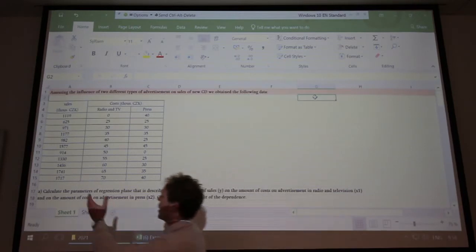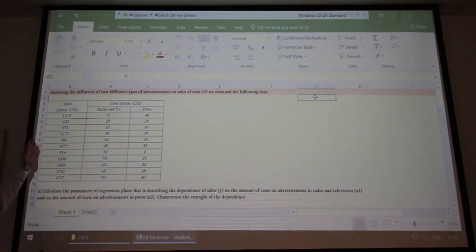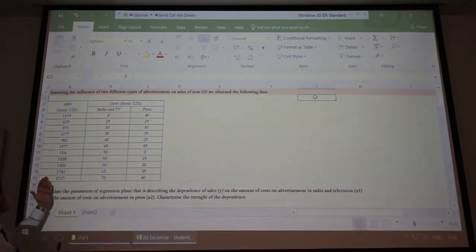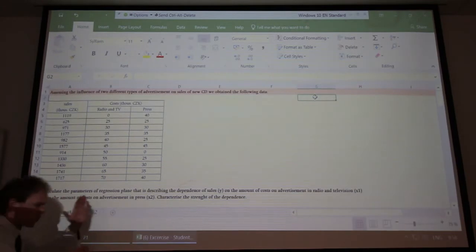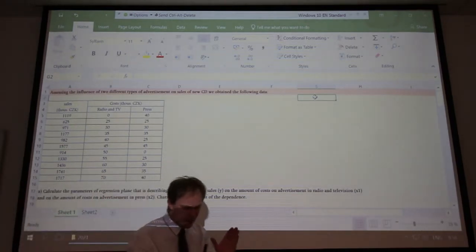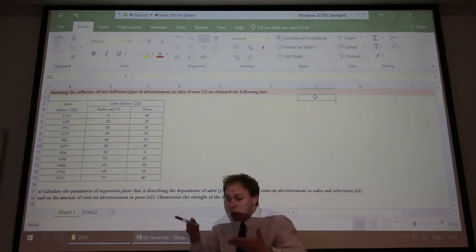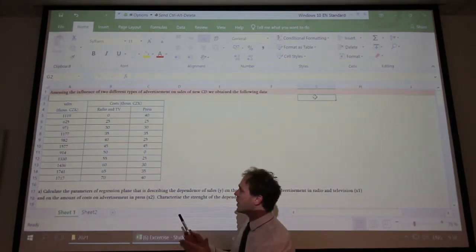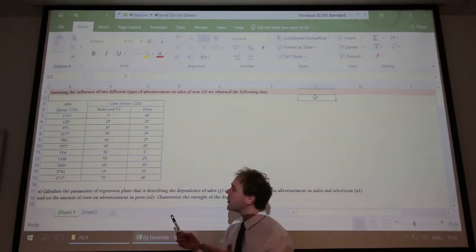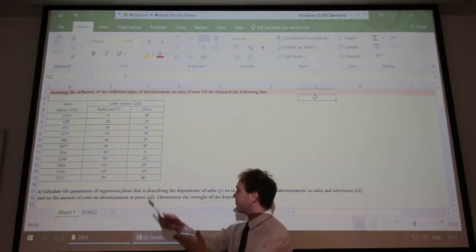So we have here dependent variable sales, in 1,000 Czech crowns. So you are selling CD, and you would like to sell a lot of CDs, yeah? So you need advertisement on your CD.